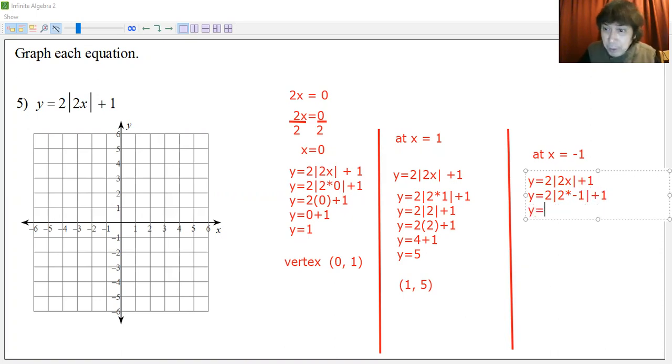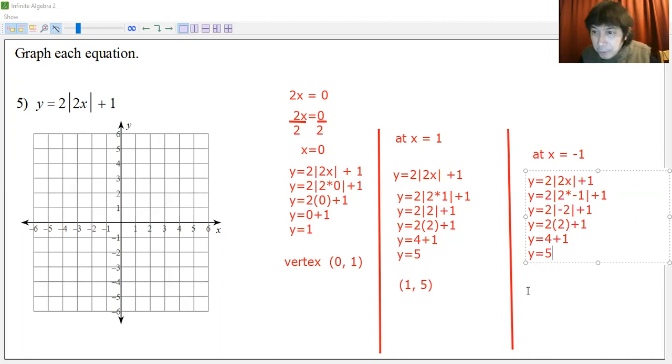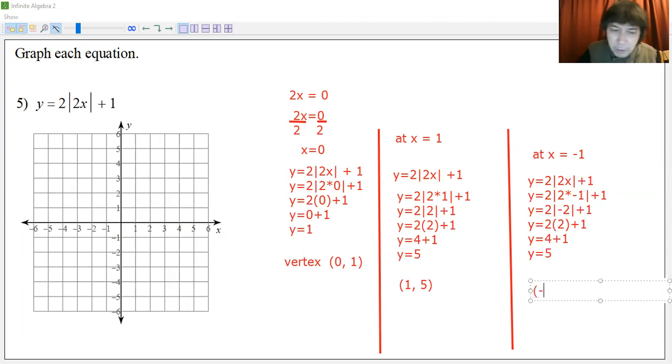The next line is y equal to 2 times the absolute value of negative 2 plus 1, and of course the absolute value of negative 2 is a positive 2. So we still get 2 times 2 plus 1, which is 4 plus 1, and so we have a 5 again. Our computed point is negative 1, positive 5. Here's our point.